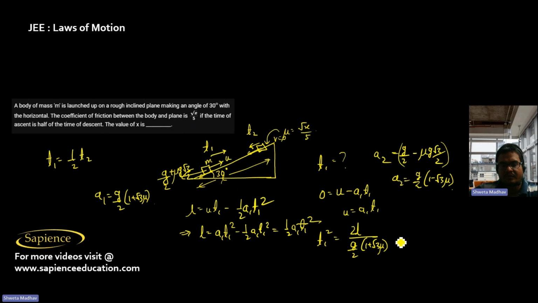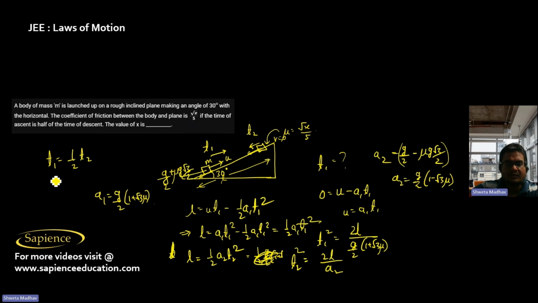Similarly, L equals half into A2 into T2 square, so T2 square will be equal to 2L by A2.